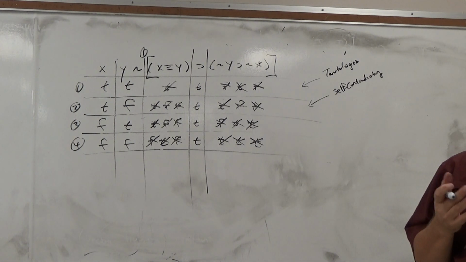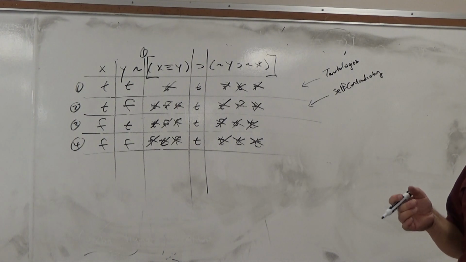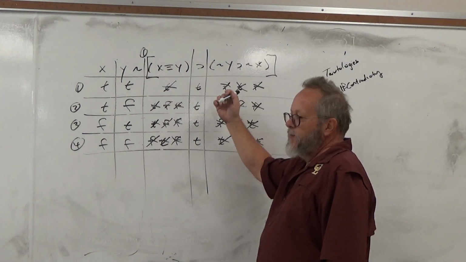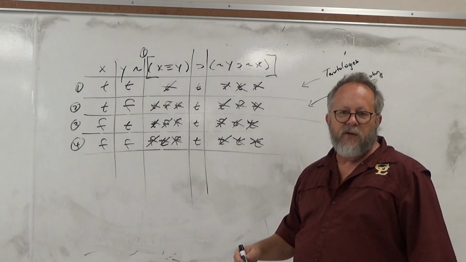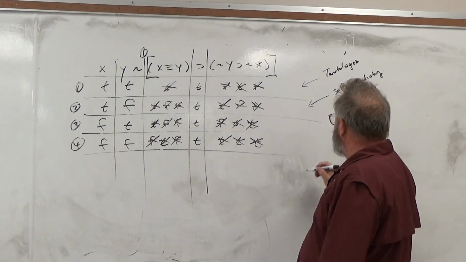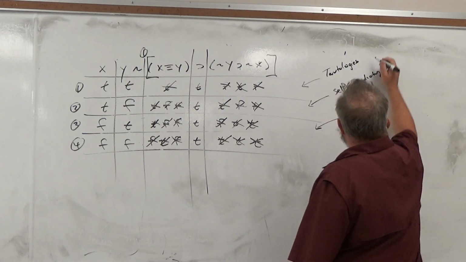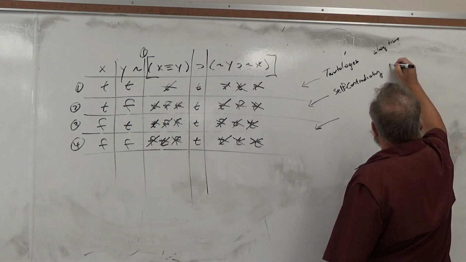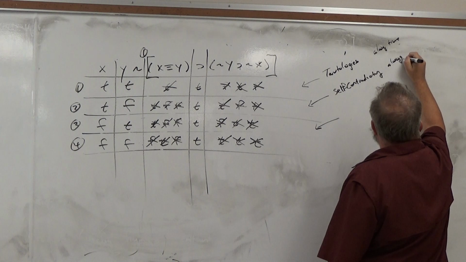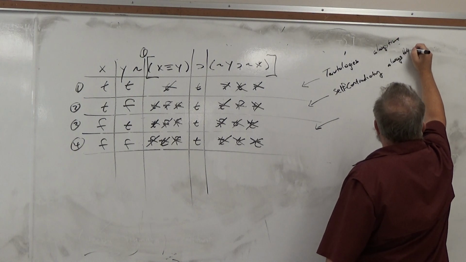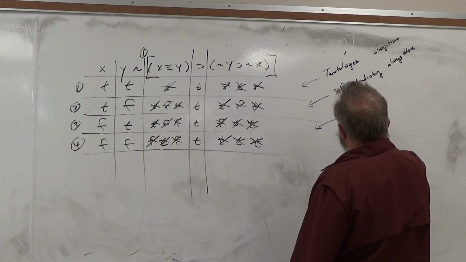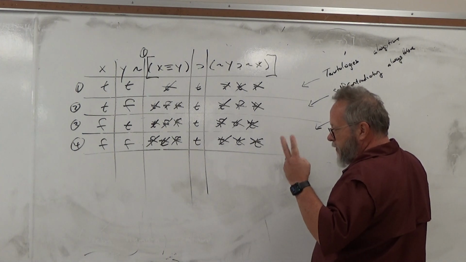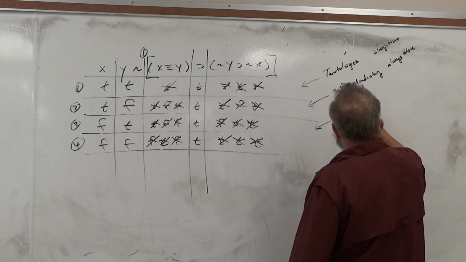But statements generally aren't always true or always false, complex statements. Sometimes they're true in some places and false in others, and we have a name for statements like that. So this is always true. This is always false, and the last one where it's at least true once and false once, we say is contingent.